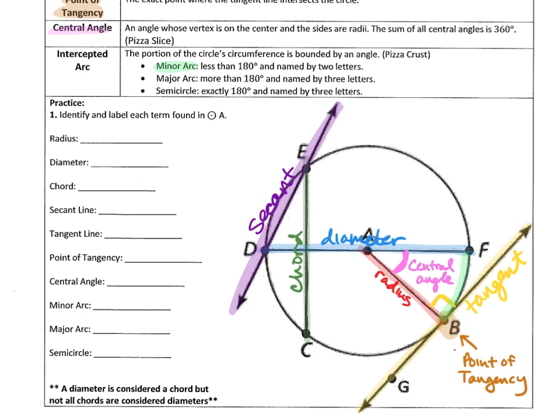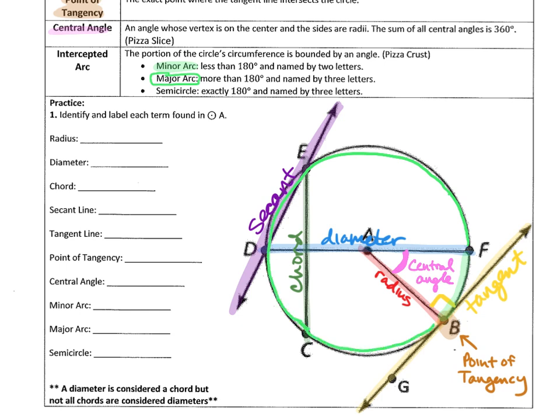Minor means small, which obviously means major means big. So if we were doing a major arc, which I'm going to leave the same color but not highlight, I'm just going to do it in pen. That means all the way around here, this is my major arc.